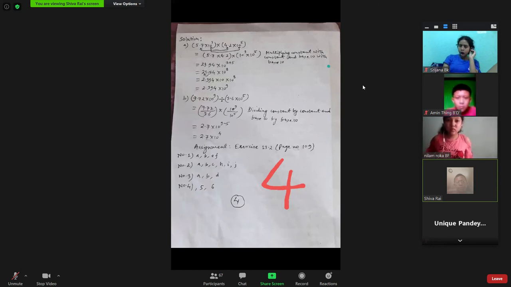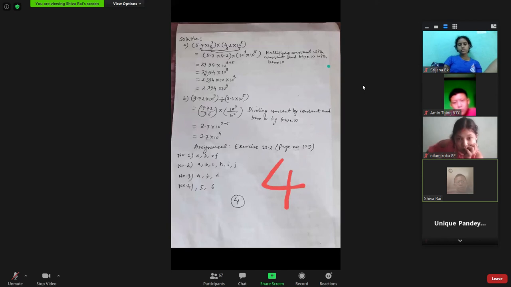So here, B number, you look here. 9.72 into 10 to the power 9 divided by 3.6 into 10 to the power 5. Here, constant you divide by constant. It means 9.72 you divide by 3.6, and you write into there. Now, 10 to the power 9 you divide by 10 to the power 5, base 10 by base 10.